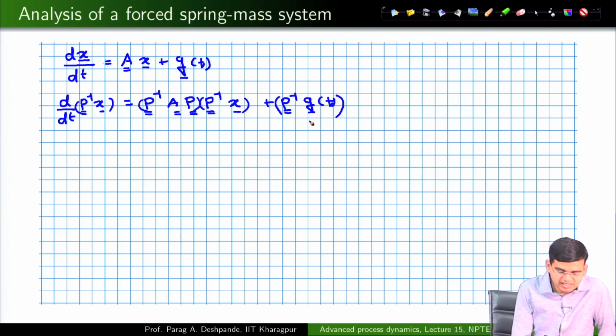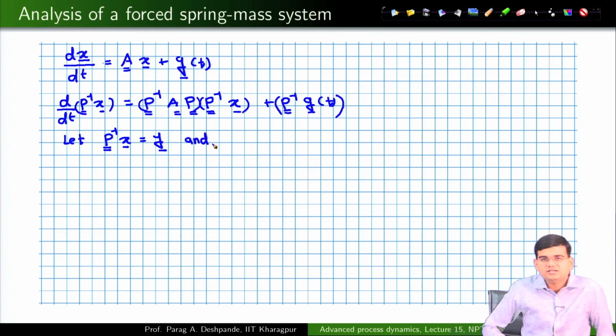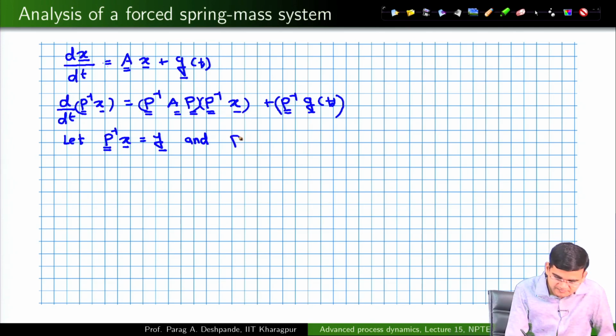Then what is going to happen? I will assign new variables. So, let P inverse x be equal to y, and now I need to assign the vector which is a function of time as well, the input vector. So, I will call this P inverse g as b, sorry.